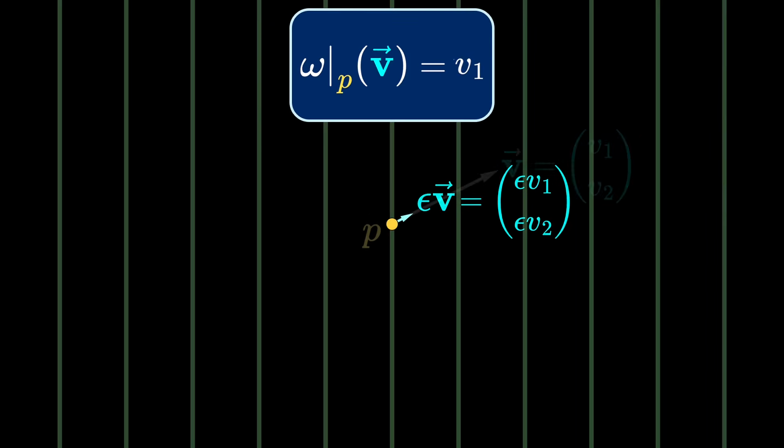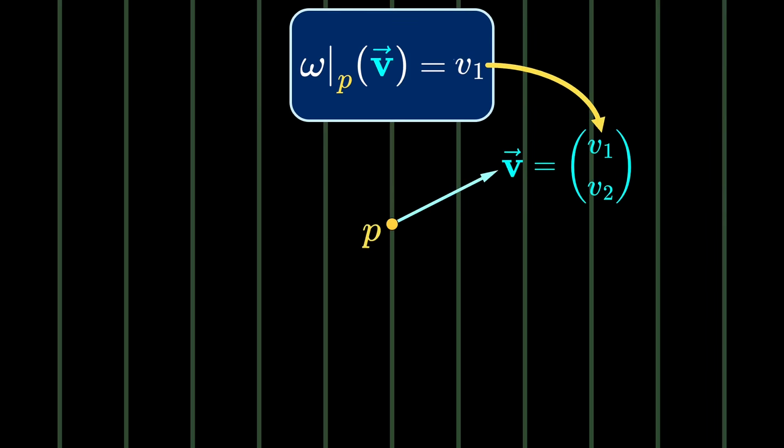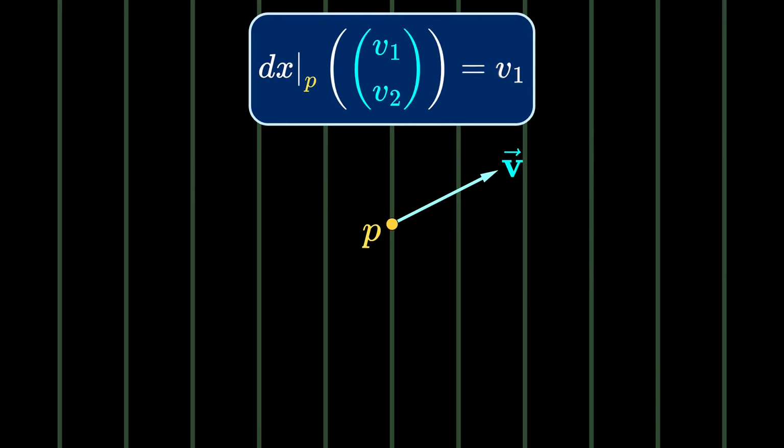Notice that v1 is actually the x component of the original vector, v. But remember, this picture is supposed to represent the differential form dx, so dx now takes on a new meaning. It is a function that sends any vector to its x component.